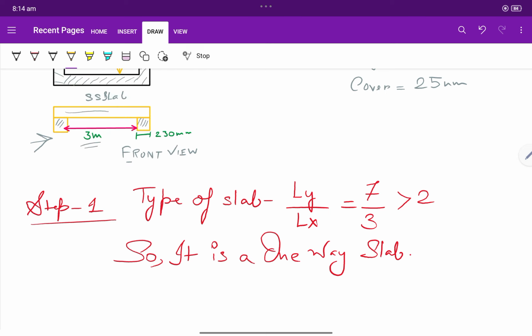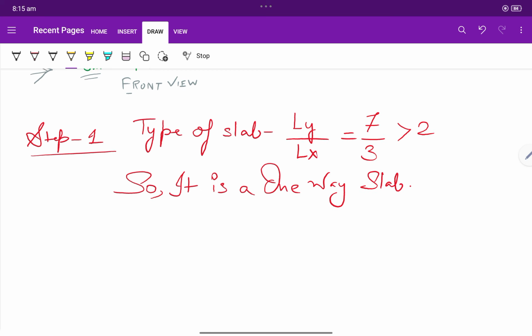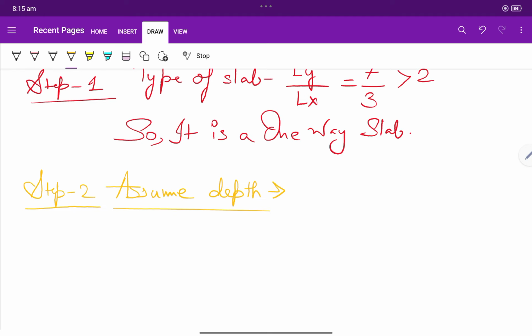So we will go to the next step. The next step is we have to assume a depth. Let's see how we will assume a depth. Step 2, assume depth of the slab. We know there is a formula, L by d, means span divided by small d, the effective depth, is equal to a value.